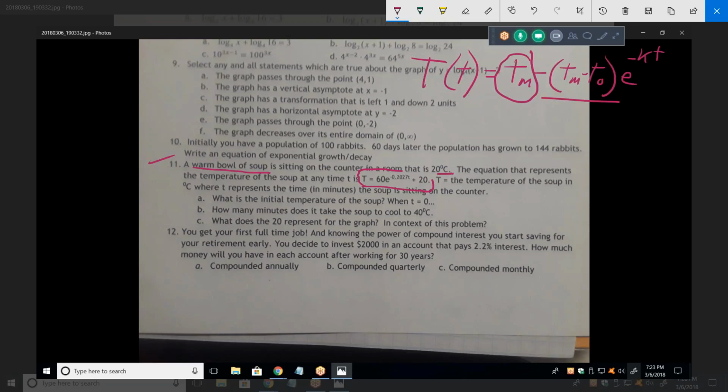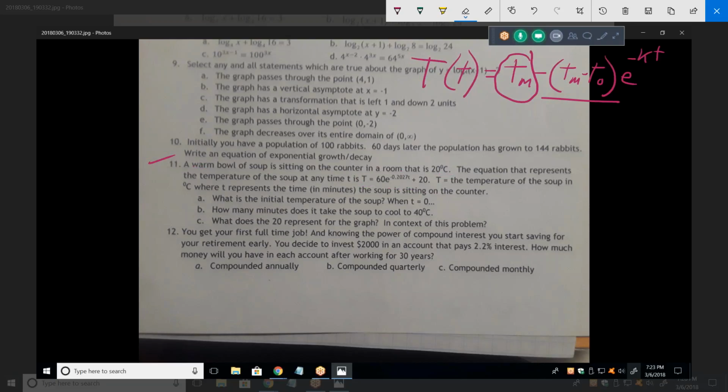So this 60 degrees here. What's the initial temperature of the soup when t is equal to 0? So just plug in 0 for t, and what do you get? In other words, so far, this does not require Newton's law of cooling.